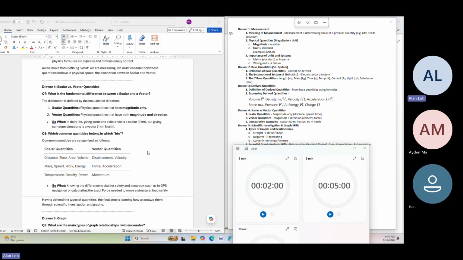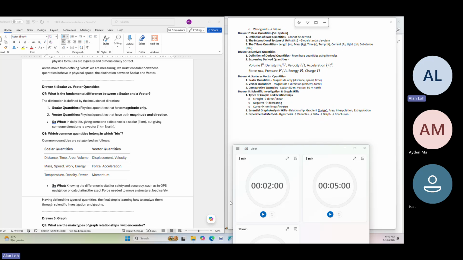Right, so we will do the same drill for scalar and vector quantities. Scalar and vector quantities. 2 minutes.